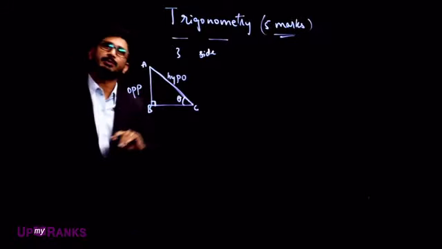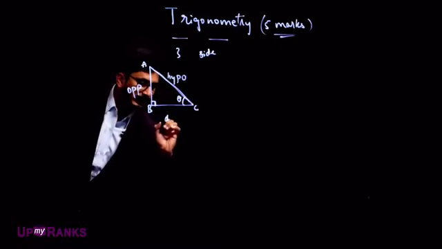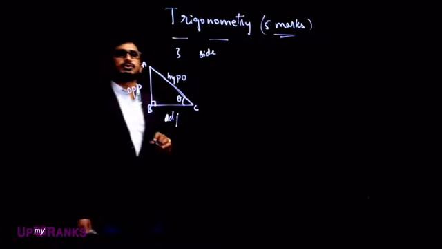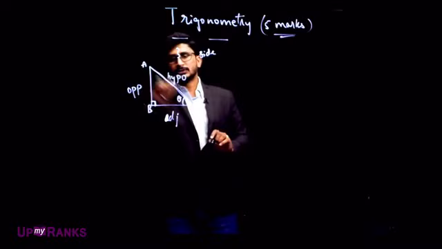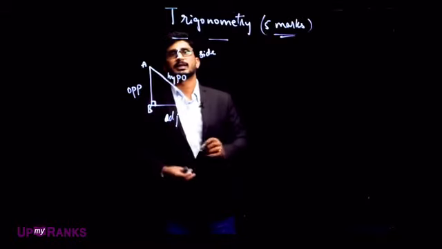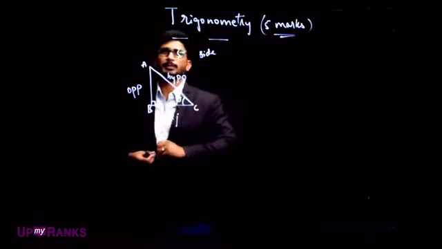The base is called the adjacent side. So it is hypotenuse, opposite side, because it is opposite to theta, and the base side is called adjacent. Let us remember it like this, and not make it more complicated.